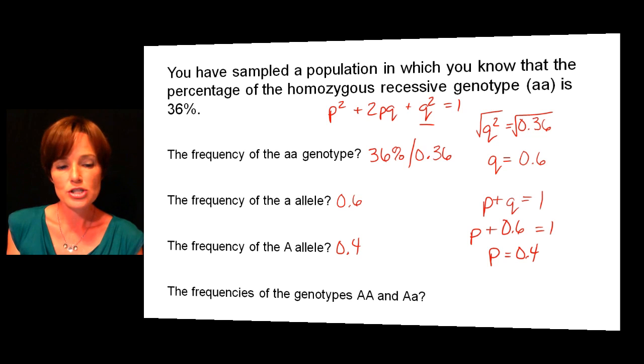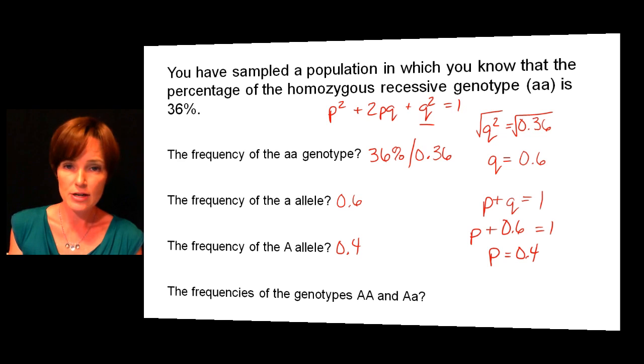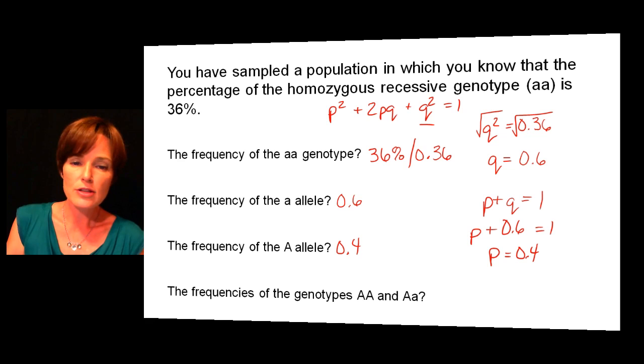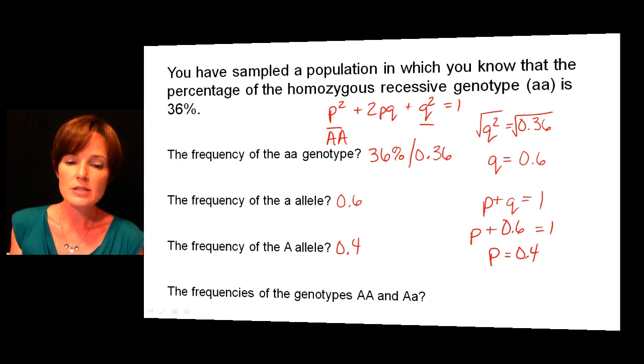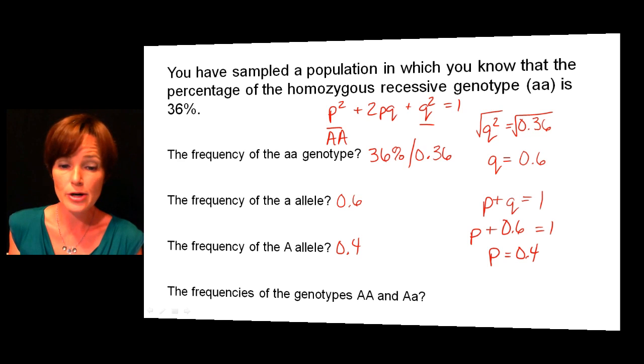The last question is, what are the frequencies of the other two genotypes that we're looking for? We want to know the frequency of big A, and we also want to know the frequency of the heterozygous ones. Those are the other two parts of the equation here. P squared would be the frequency of big A. Since we know what P is, that would be a very simple one to do.